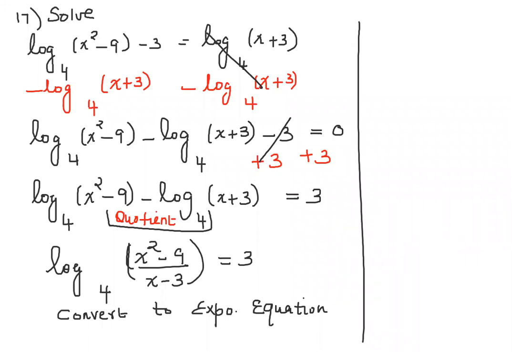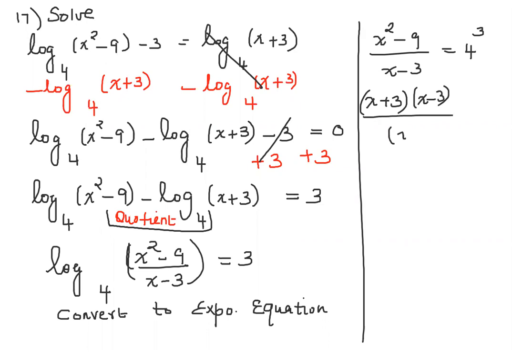So that is going to be that we get x squared minus 9 over x minus 3 equal to 4 to the power 3. Now I can factor the numerator, because it's difference of squares, into x minus 3 times x plus 3. So it's going to be 64. Oh, why am I making a mistake here?